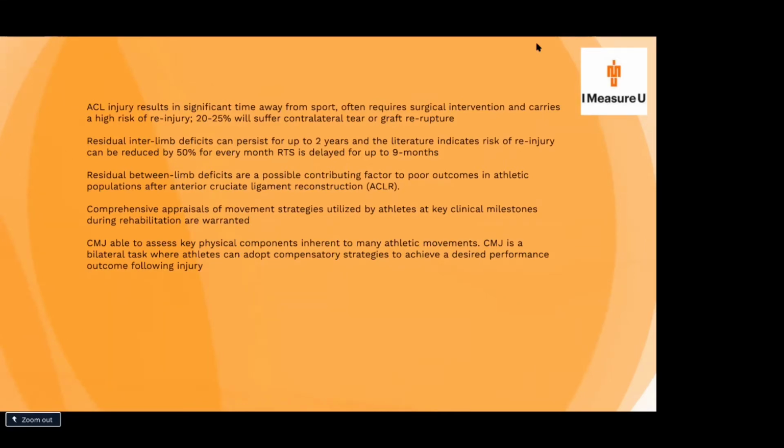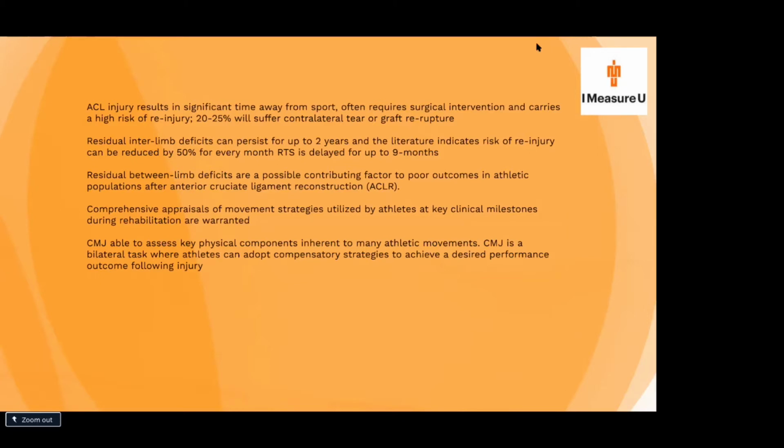Residual interlimb deficits can and do persist for up to 2 years, as indicated in the literature. And we talk about time and criteria-based return to play. There has been research that indicated that the risk of re-injury can be reduced by 50% for every month return to sport is delayed for up to 9 months. That's an interesting point to note straight away.